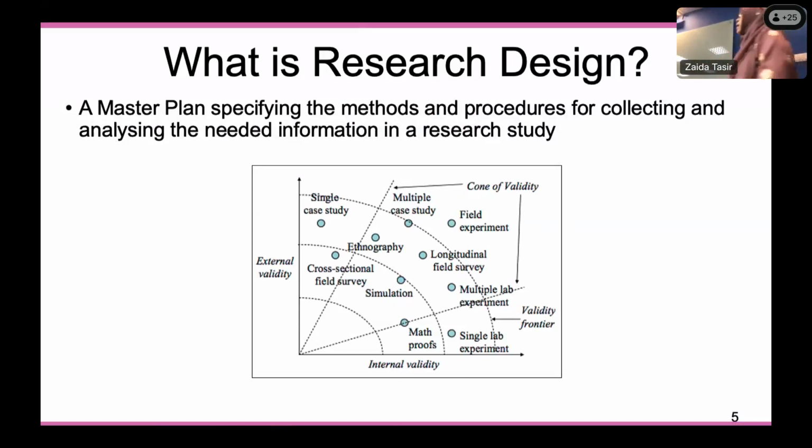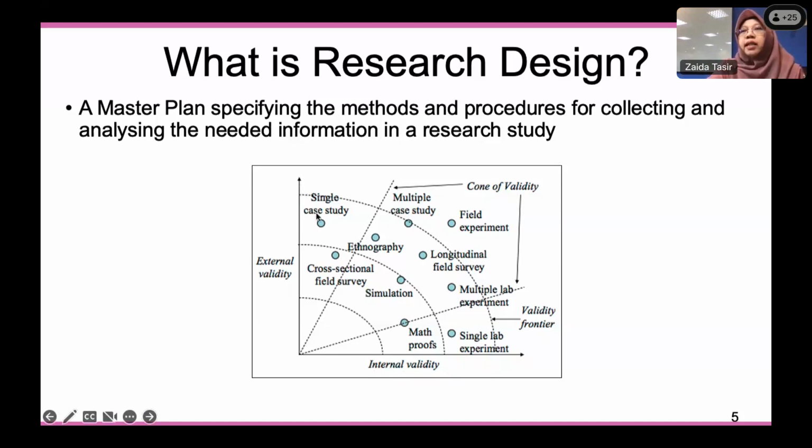Okay. And this is a diagram to show that each type of research design has certain advantages and disadvantages. For example, if you look at the external validity versus the internal validity, if you focus on a single case study, the research design that you choose has high external validity, but might be a little bit low in terms of internal validity.